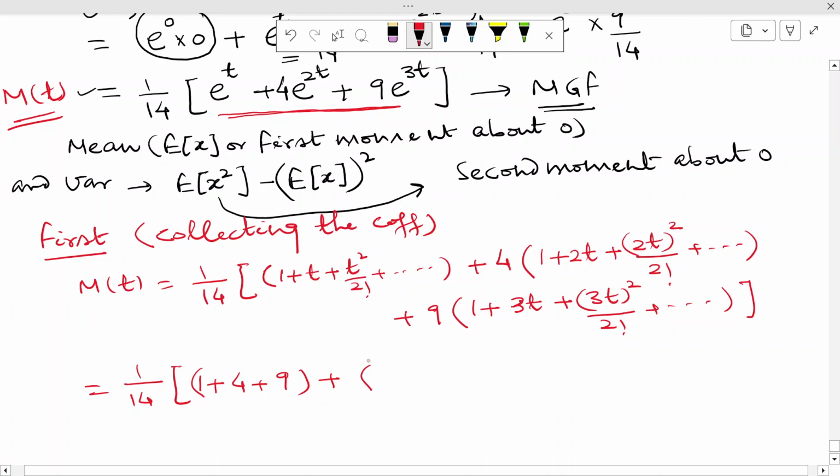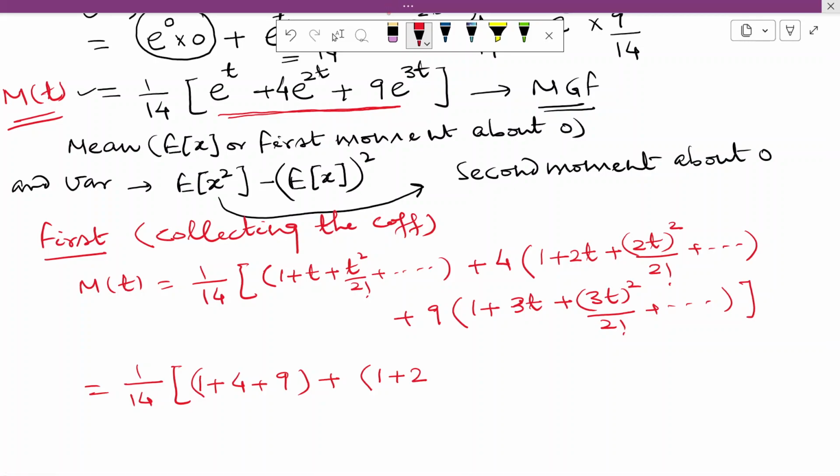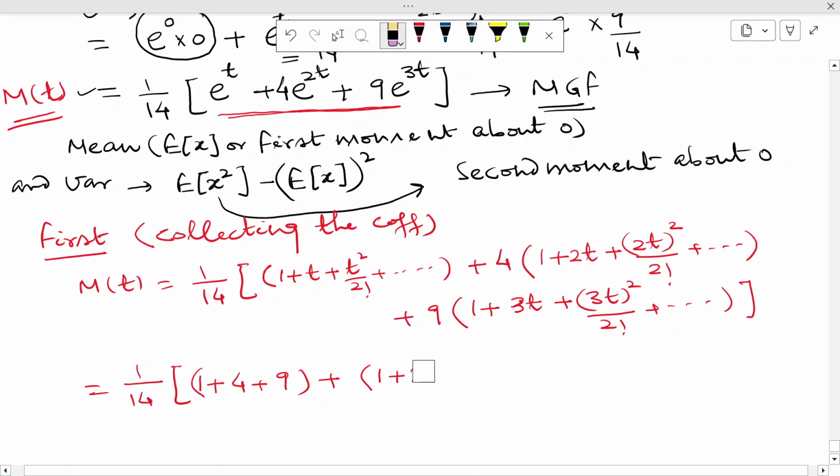Here it is 1. In the next bracket, considering the 4 also, it is 4 into 2, so this is 8. Similarly, when you multiply 9 with 3t, this is 27. These three terms are the coefficients of t in the different brackets.